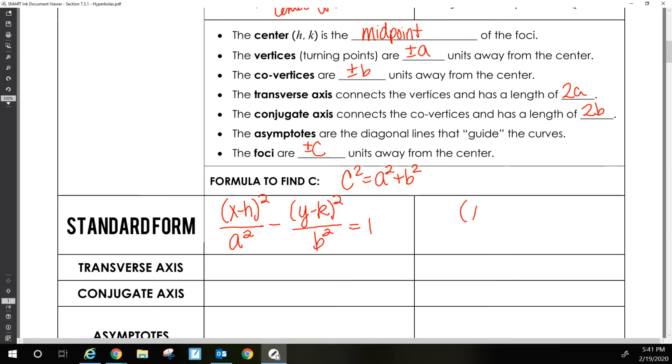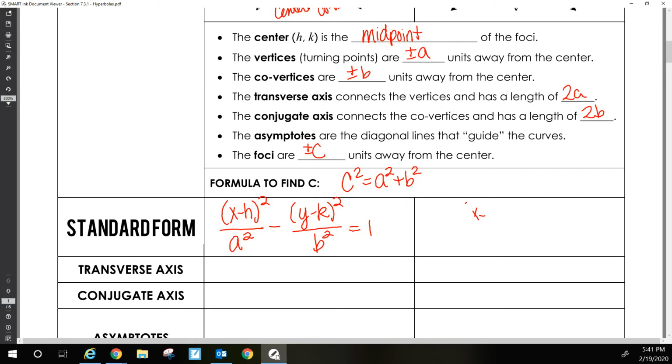All right, so for our vertical, because order matters for this one, it matters whether we have the x first or the y first. So for this one, it's going to be (y minus k) squared over a squared minus (x minus h) squared over b squared equals 1.